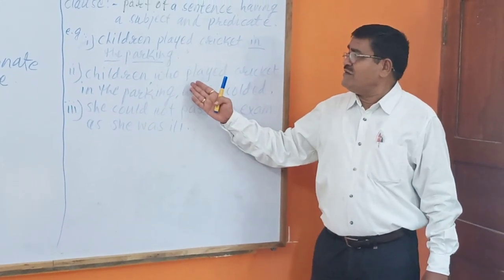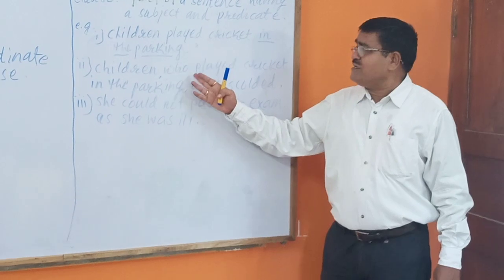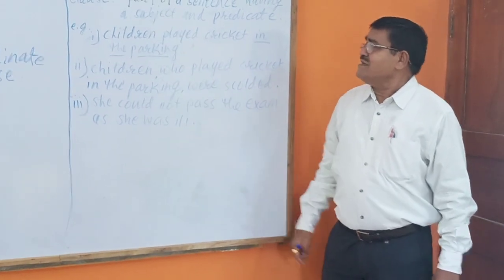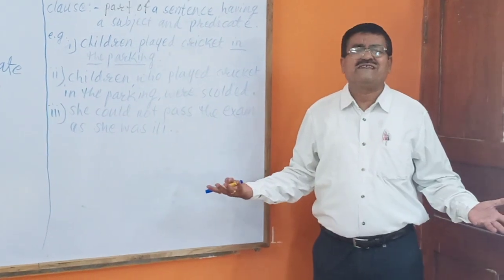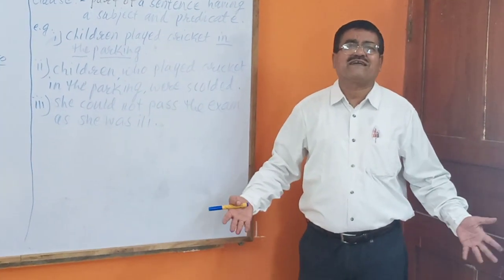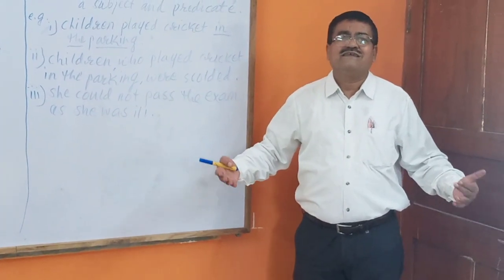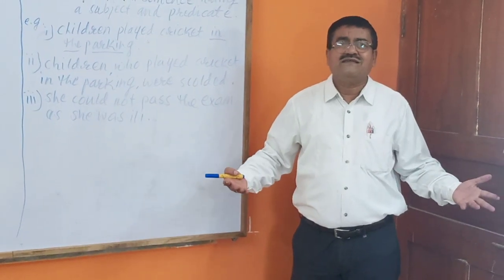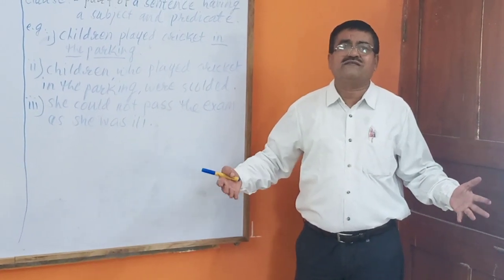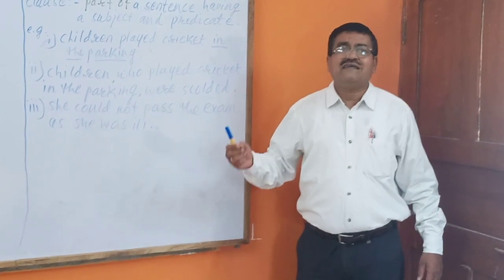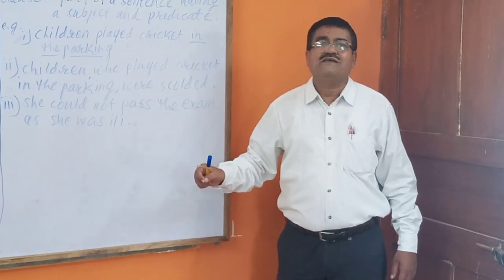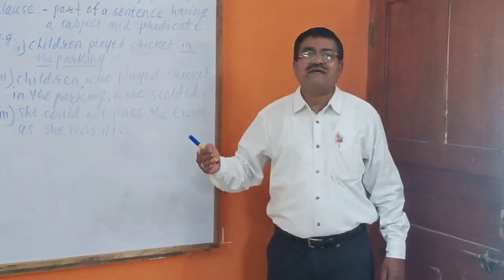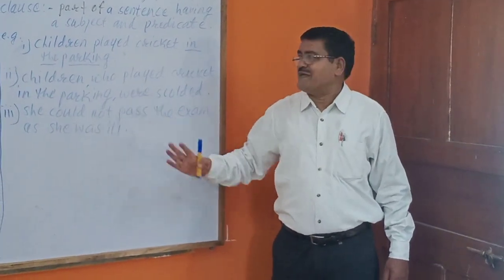If we read only that clause, who played cricket in the parking? This is incomplete. And because it is incomplete, it is called subordinate clause because it has to depend upon the main clause. It needs the help of the main clause to complete the meaning.